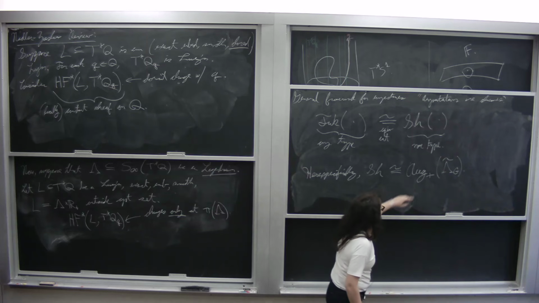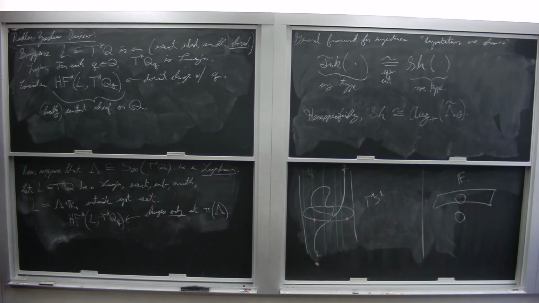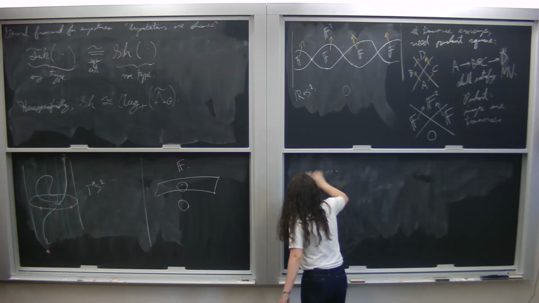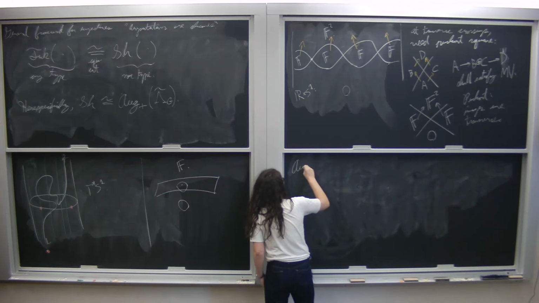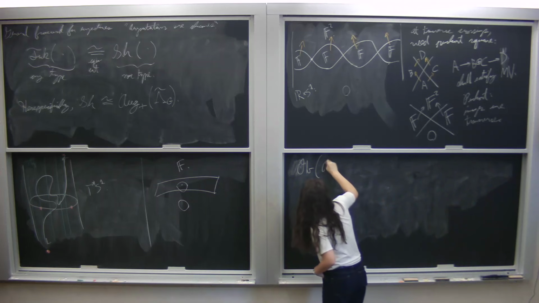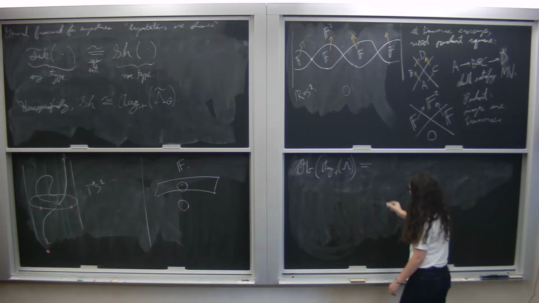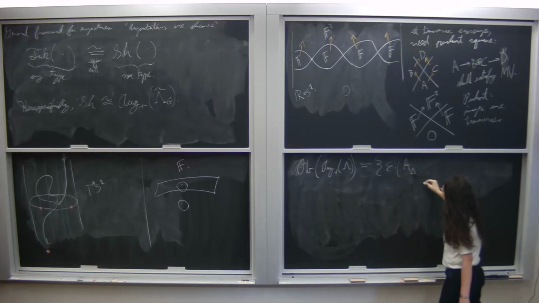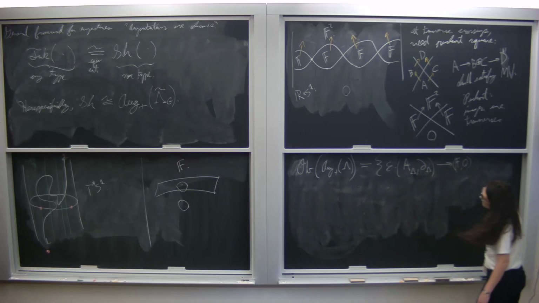And I'll write it this way: objects of aug plus of lambda, by definition, are equal to the collection of maps epsilon from the DGA A lambda del lambda down to, say, F0.